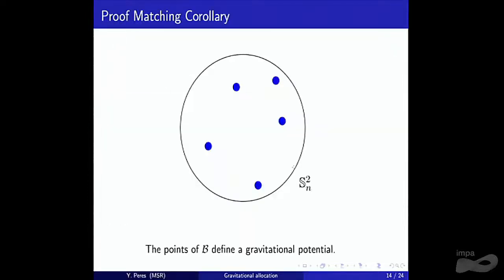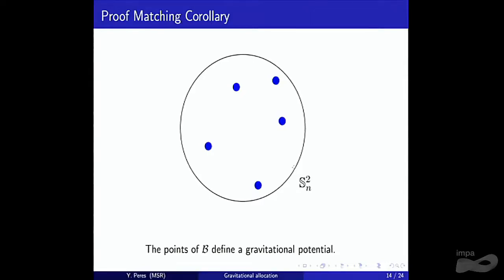Let me explain how we get from the allocation to the matching. We're going to do an online matching. We put the blue points down; they will be the stars. The red points will arrive one by one. They will be moving particles. The blue points are never going to move. So we throw down the n blue points, and these blue points define a gravitational potential. They are the stars.